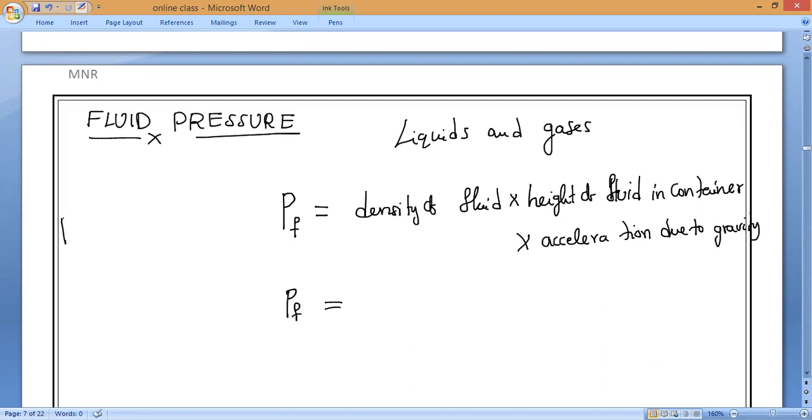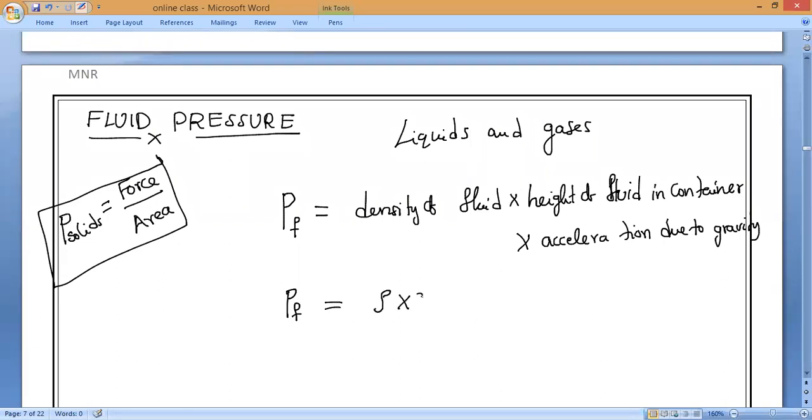The pressure exerted by solids we studied before class. Pressure exerted by a solid is equal to force by area. Now the pressure exerted by fluids we are studying is rho into g into h.